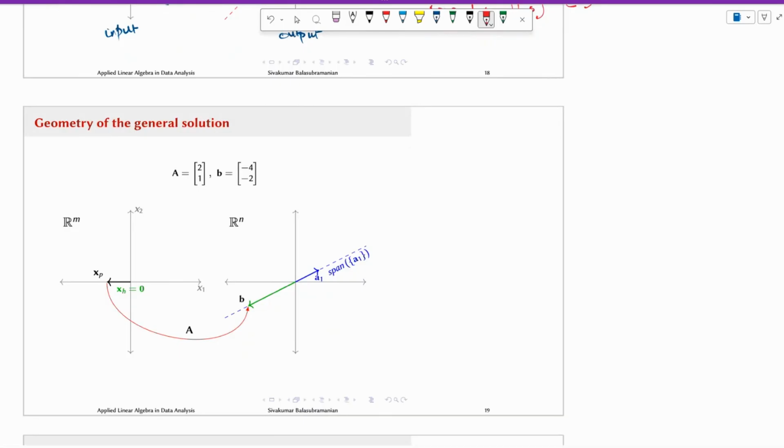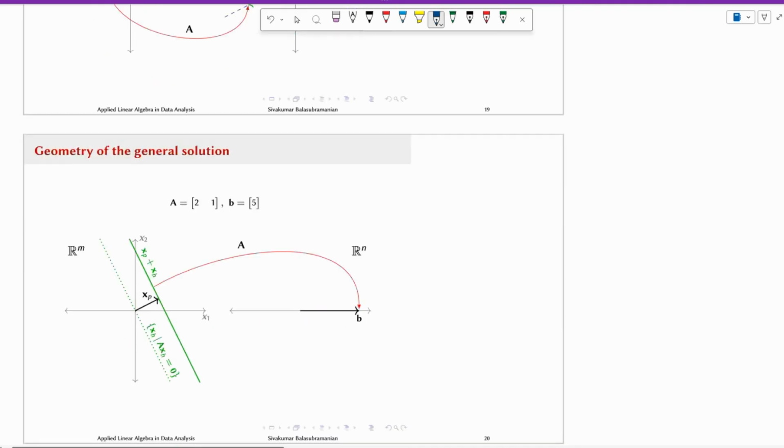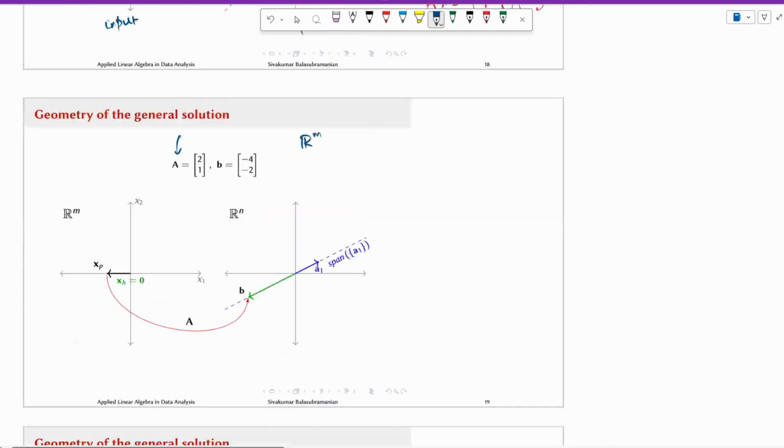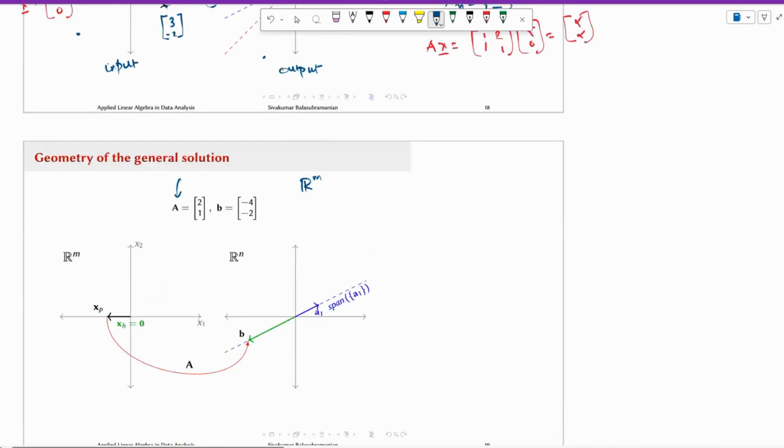Now we look at another case, where A is tall. What is Rm now? It's R1 and Rn is R2.